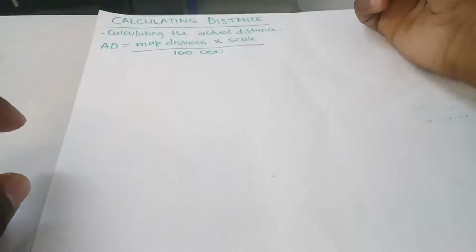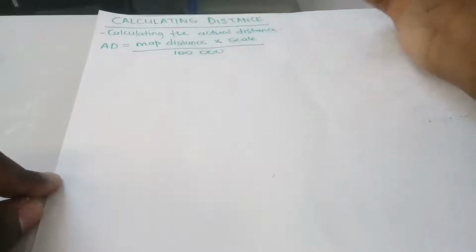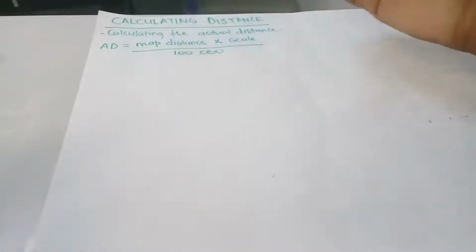That's the first way. So you're going to multiply this by this and divide by 100,000, and therefore you are going to get your actual distance in kilometers.